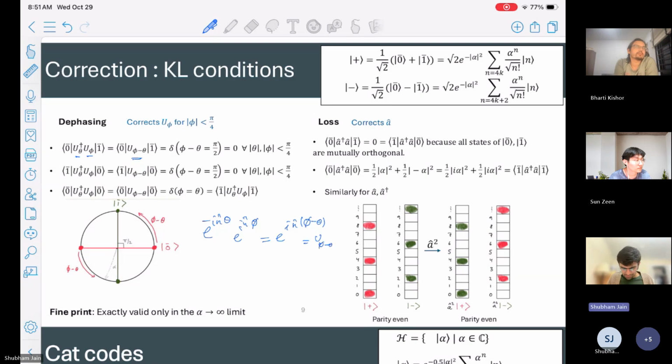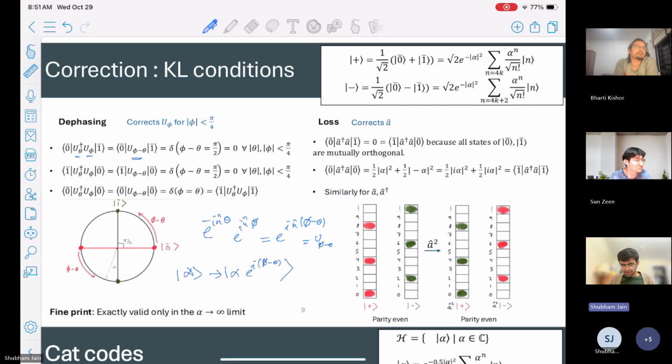So we only need to check this condition, and we can just see it from this picture. If we had a zero state and a rotation by angle phi minus theta happens, it lands somewhere here. Every alpha just goes to alpha times e to the i (phi minus theta).